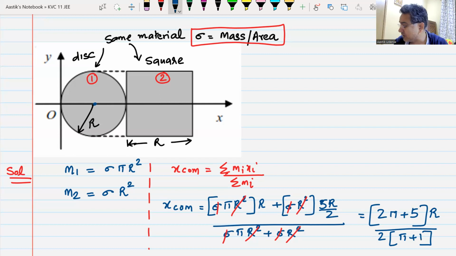Everyone understood how this is to be done? Yes or no? Everyone has noted this down?